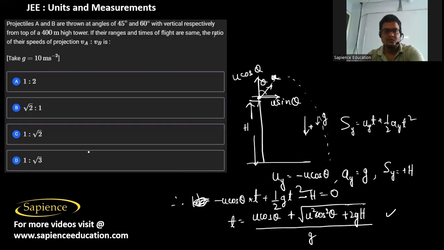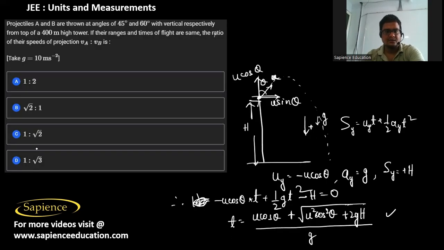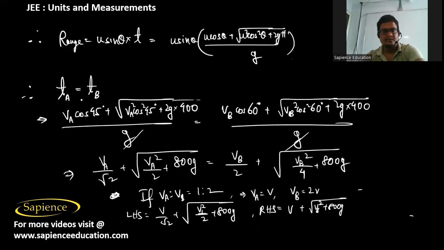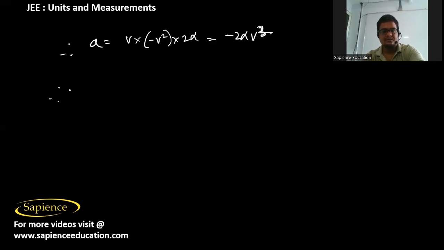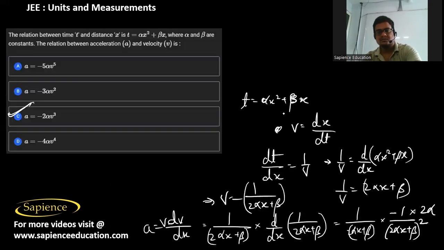And if it is 1 is to root 2, then I think we will have the same value. Suppose we have VA by root 2 plus root over VA square by 2 plus 800g, equal to VB by 2 plus root over VB square by 4 plus 800g.